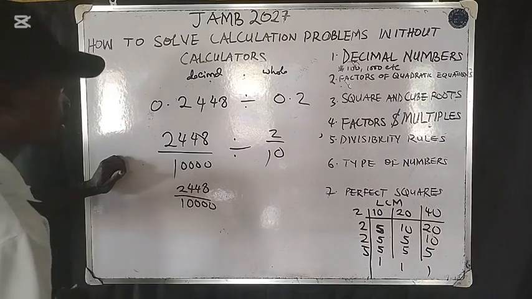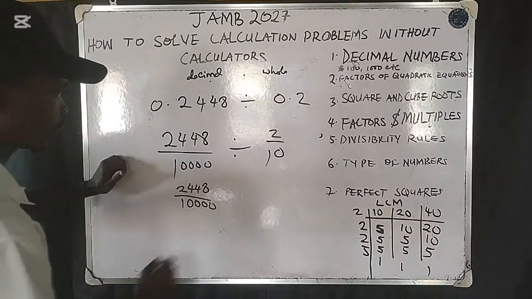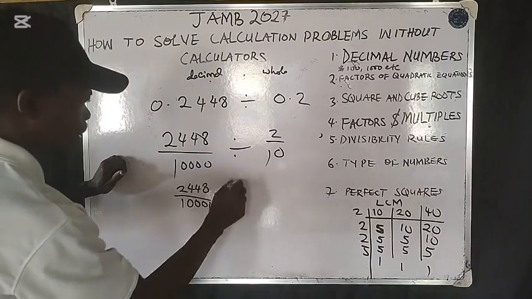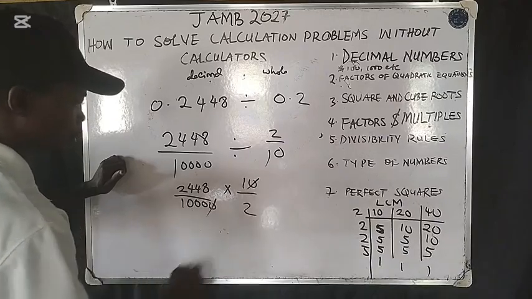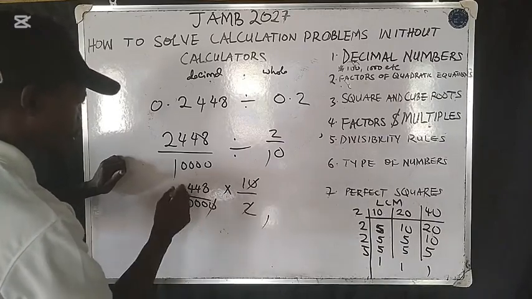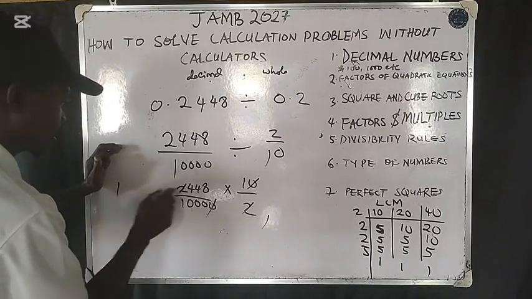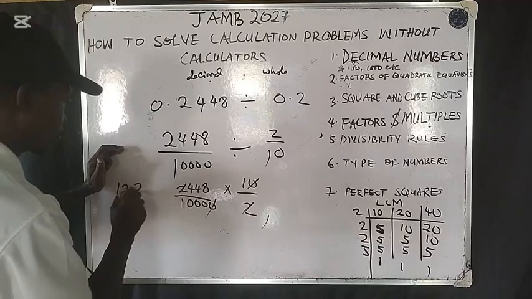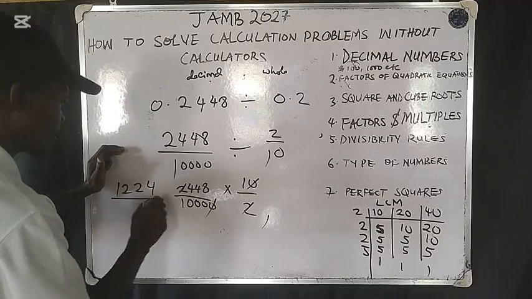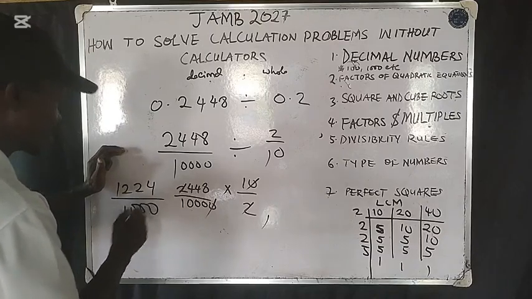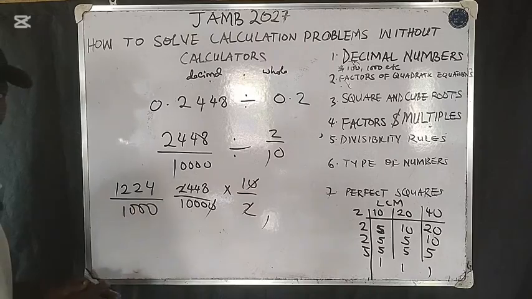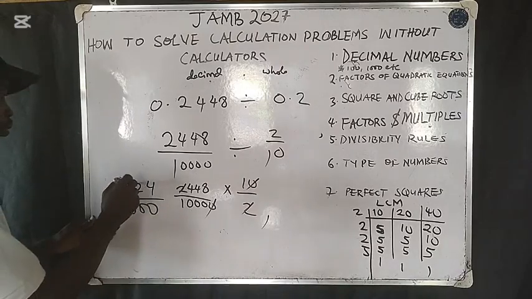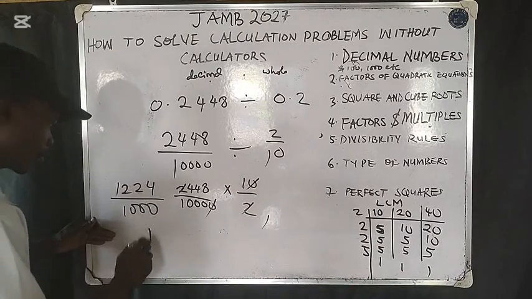Change the division to times. 10 goes up, 2 will come down. 0 cancels 0. 2 here is 1, 2 here is 2, 2 here is 2, 2 here is 4. Over what? 1,000. If you are dividing by 1,000, it's very easy. How many zeros are you seeing there? So you count 1, 2, 3. Put the decimal here. So it becomes.